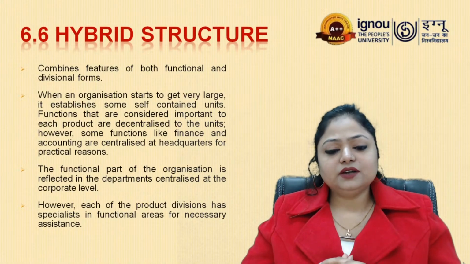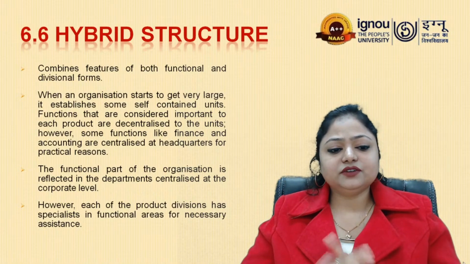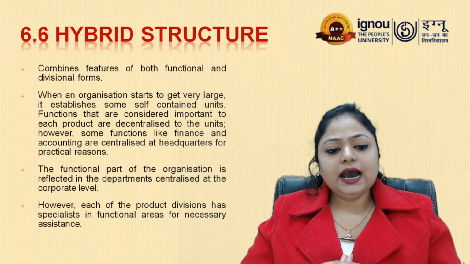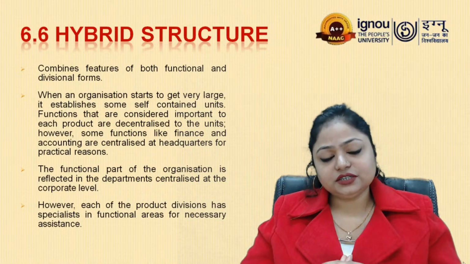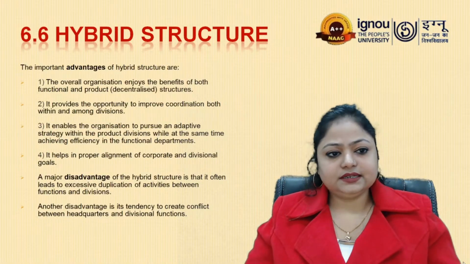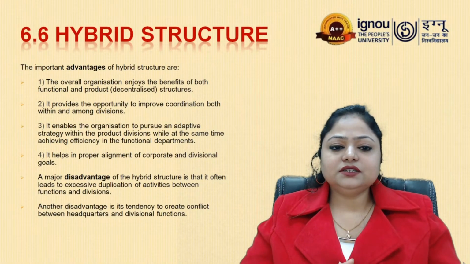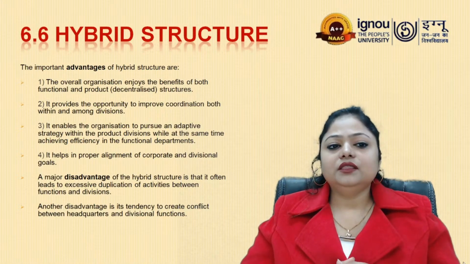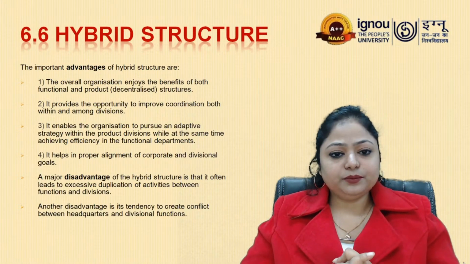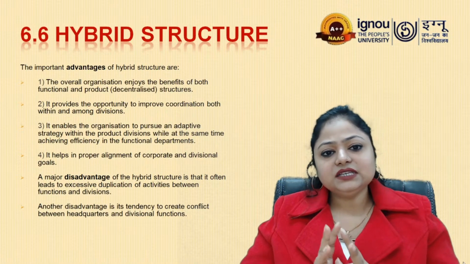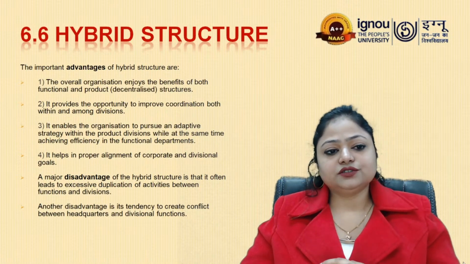The functional part of the organization is reflected in the departments that are centralized at the corporate level. However, each of the product divisions has specialists in functional areas for necessary assistance. The important advantage of the hybrid structure is that the overall organization enjoys the benefit of both functional as well as decentralized structures.